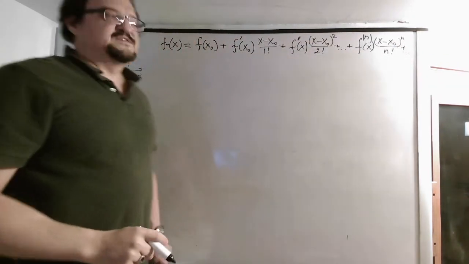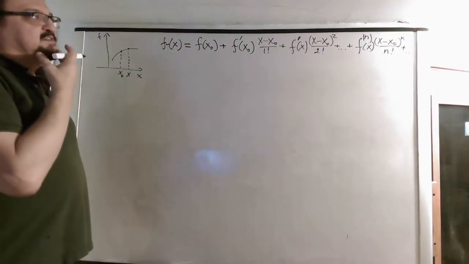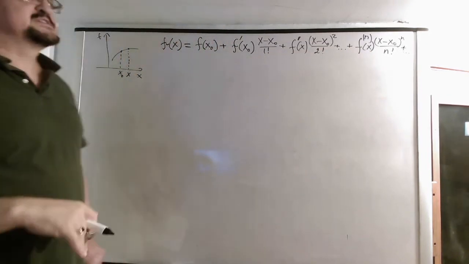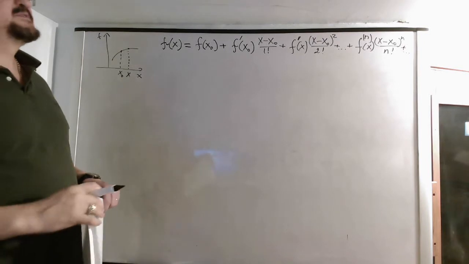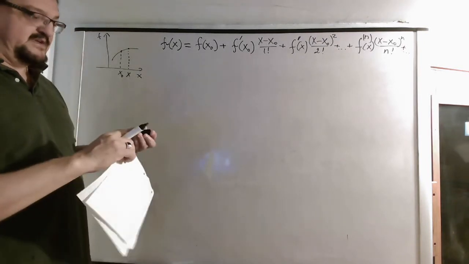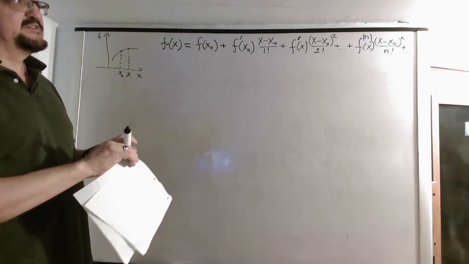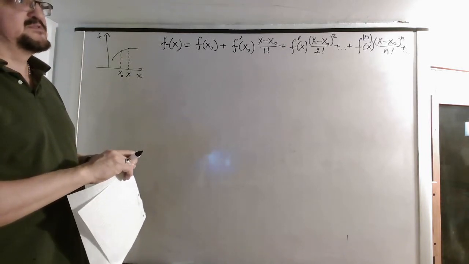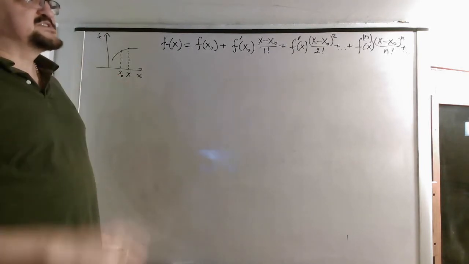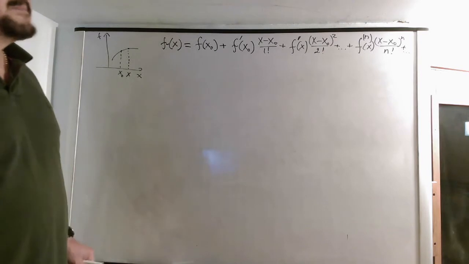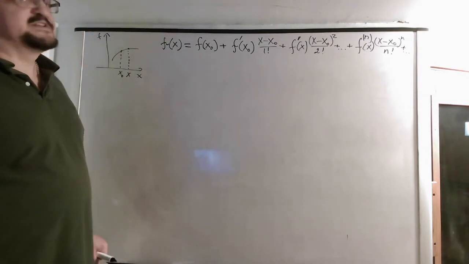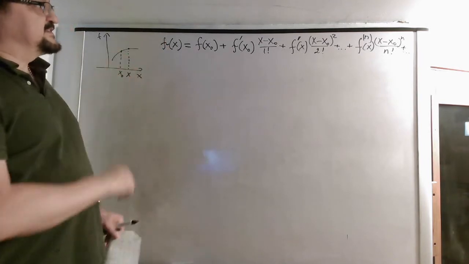So that's an infinite series, provided that you of course have an infinite number of derivatives. Usually you don't. If it's, for example, a polynomial, then it has a limited number of derivatives, but other functions can have an unlimited number of derivatives, like the sine function, the exponential, any power function. So this is our approximation.